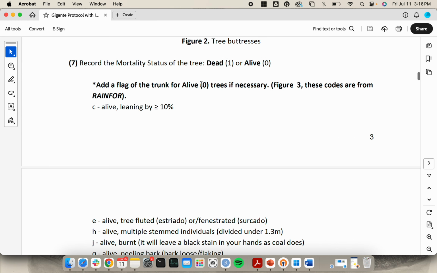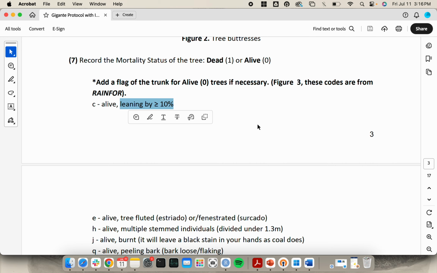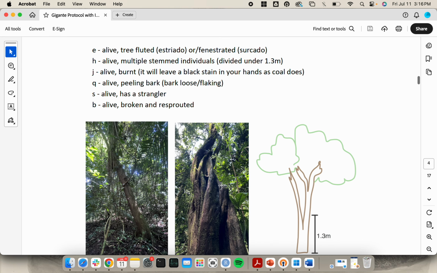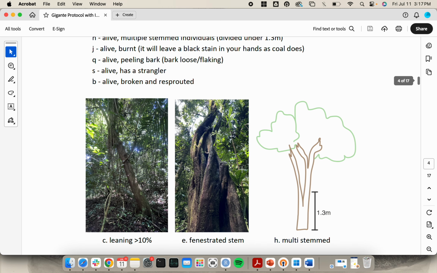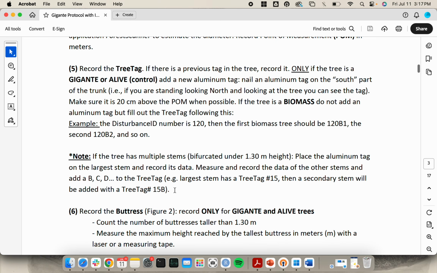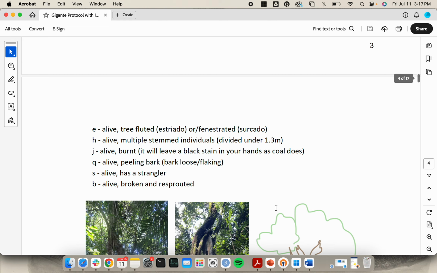Okay, so if the tree is alive, there are some flags that you can add. If it's leaning more than 10%, so if it's going to one side, if it's fluted, fenestrated, which is like this one, if it has multiple stems, and again, if it has multiple stems, you go up here, and this is the information on how to write the numbers.